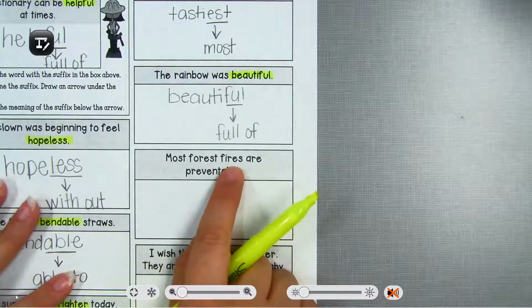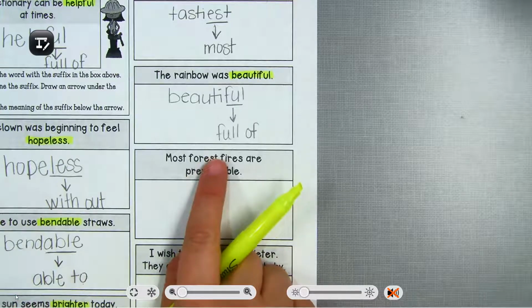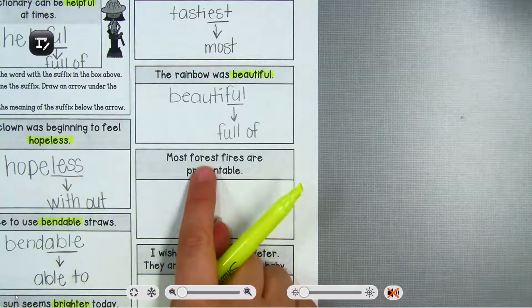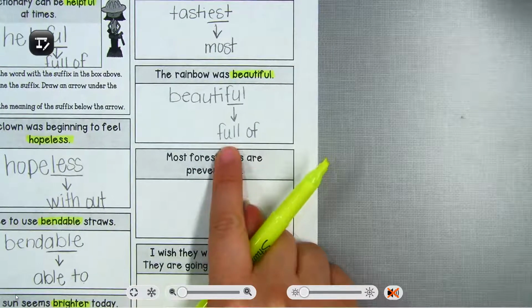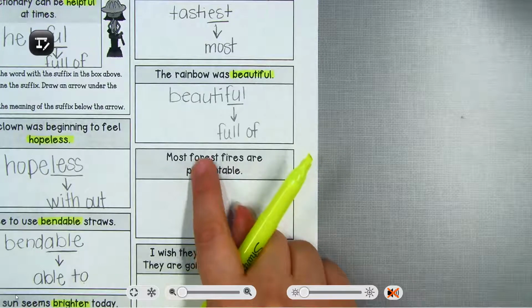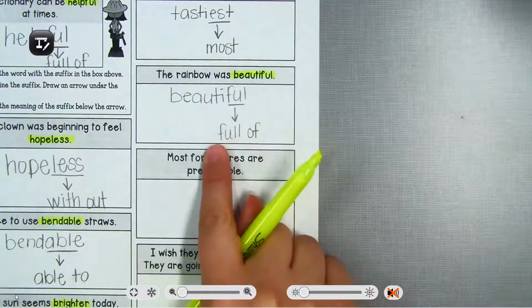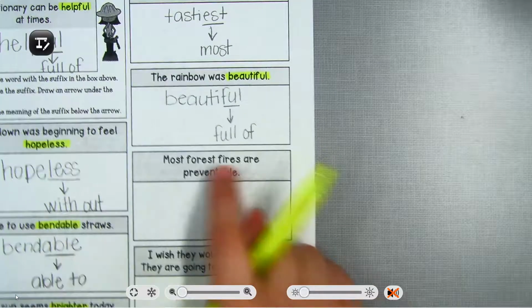Most forest fires are preventable. Okay, so look, guys, forest, that's not a suffix. Est doesn't mean most here. That's not what that one is. I know, because if that leaves me with the word for, and if I add est to it, remember, est means most.